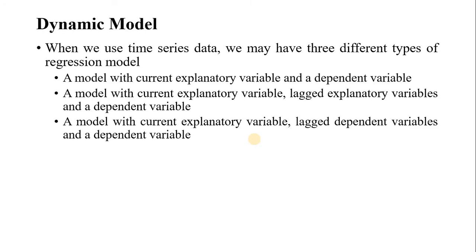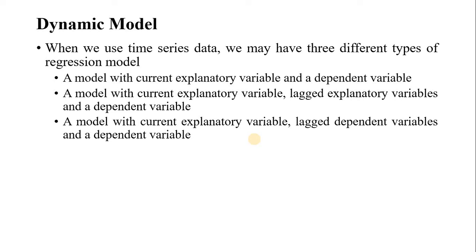Okay, so if you look at time series data, we can construct three different types of econometric model. The first model is a model with only current explanatory variable and a dependent variable.